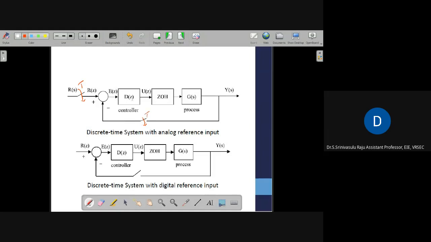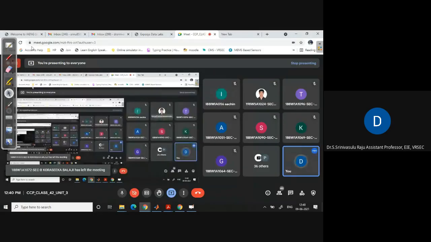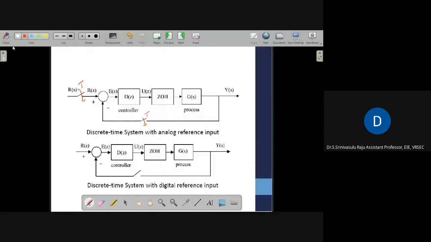The error signal can pass directly to the controller. The output of the controller will be in discrete form, so that should be reconstructed in analog form by using the ZOH. The output of the ZOH is nothing but the analog signal, which goes to the process transfer function. So this is the process.